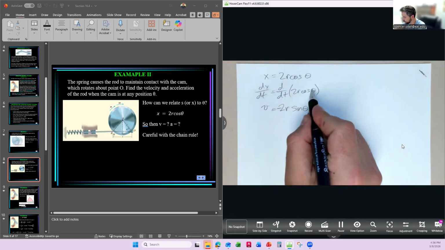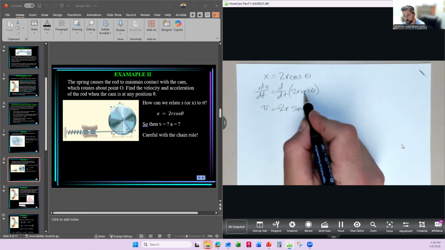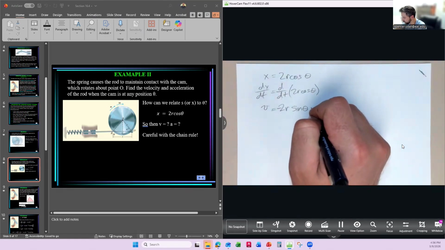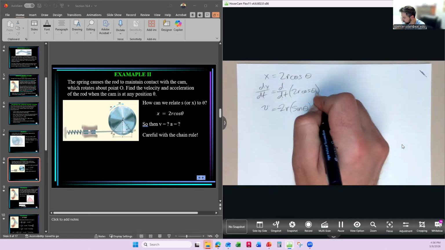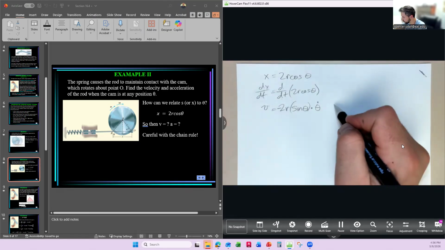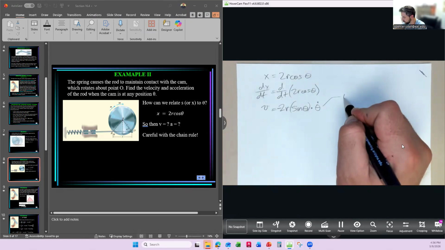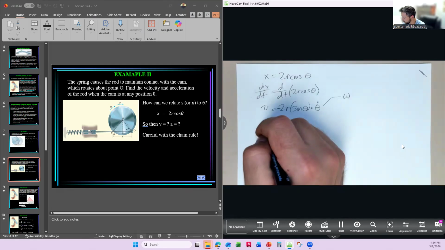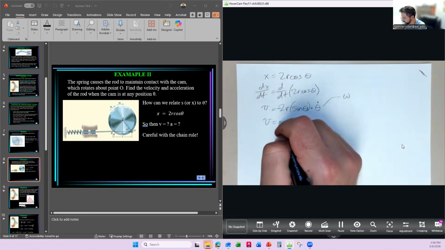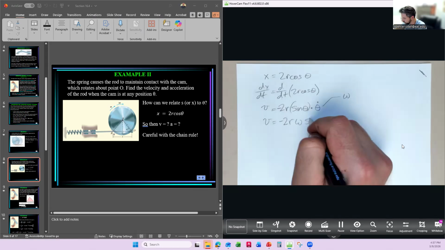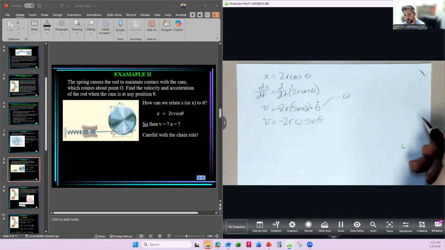We did the outside function, now we need to multiply it by the derivative of the inside function, which would be theta dot, the time derivative of theta, which is the same as our variable omega. So we could rewrite that as negative 2r omega sine theta, right?